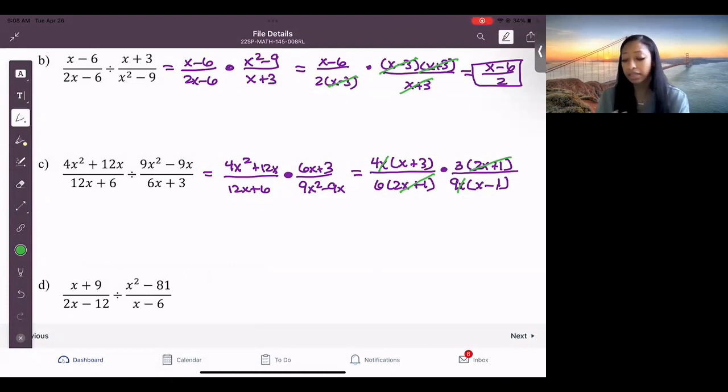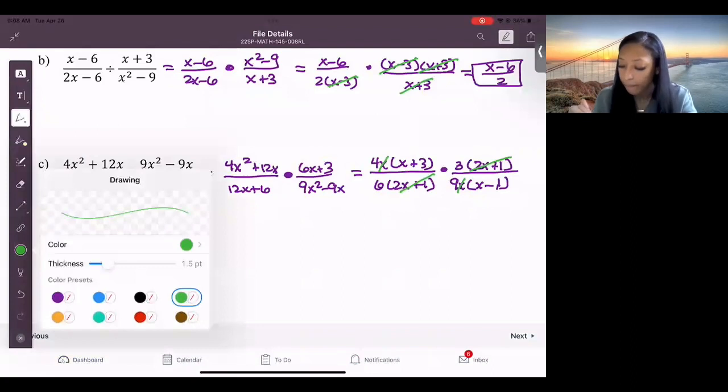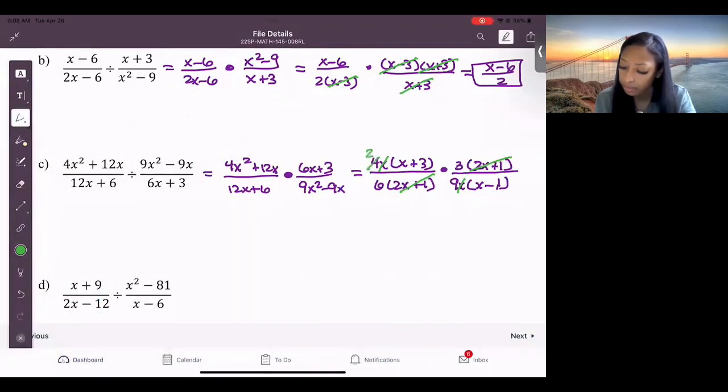If you feel like this looks kind of messy, you can go on to a next step where you just have the 4 times x plus 3 times 3 over 6 times 9, and then simplify again. But I'm going to simplify from here. Let's see, we have 4 over 6. That becomes a 2 over 3. And then 3 over 9 becomes a 1 over 3.